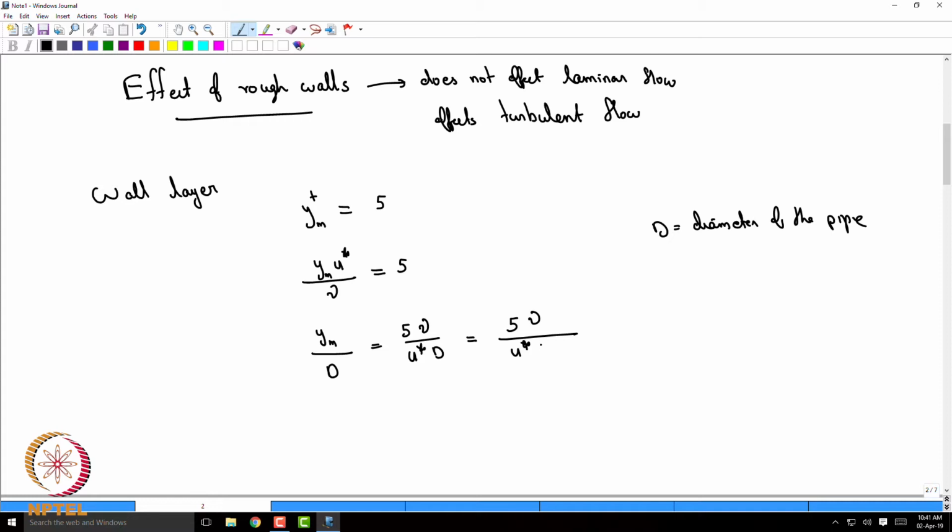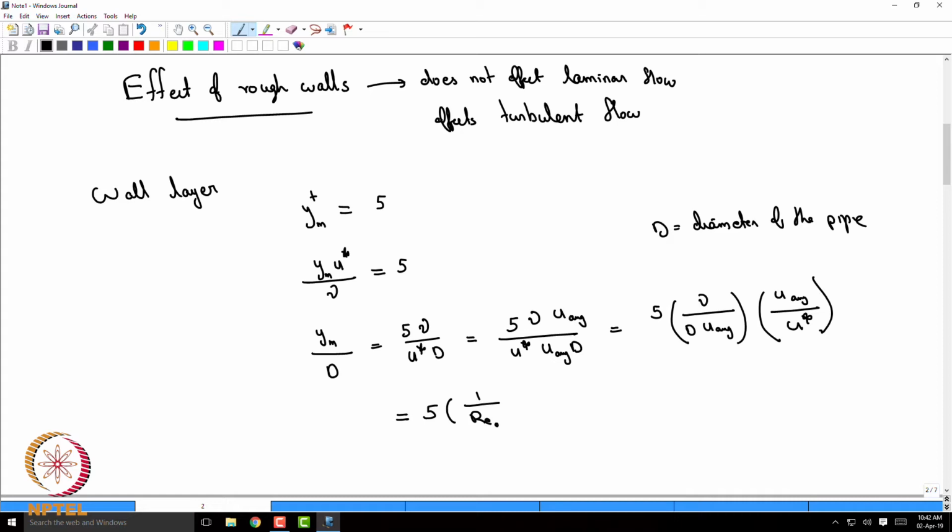Let's say we define a u average d, and I'll put a u average upstairs also, so that I can write it as 5 times nu divided by d u average, which will become Reynolds number, times u average divided by u star, is equal to 5 times 1 by Reynolds number times u average by u star.